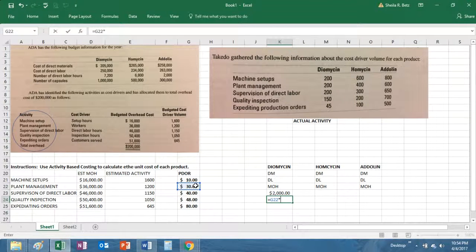We had $30 for every plant management worker, and they had 200 workers. We had a rate of $40 for every direct labor hour, and Dimosine used 200. And we had a rate of $48 for every inspection hour, and it looks like they used 150.